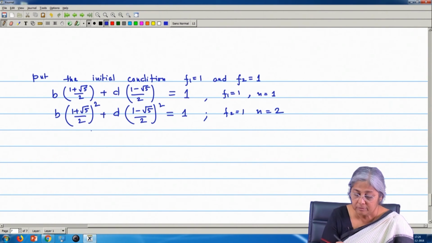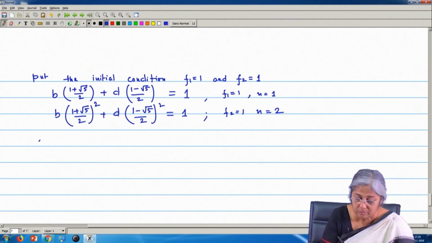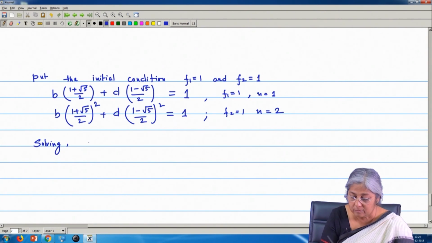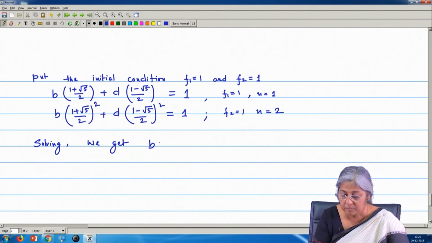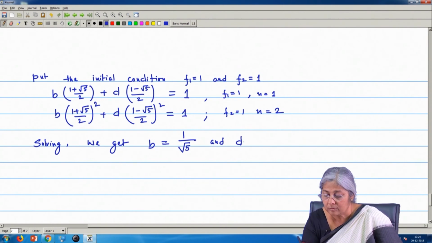So, if I solve these two equations, we get b equal to 1 by root 5 and d equal to minus 1 by root 5.